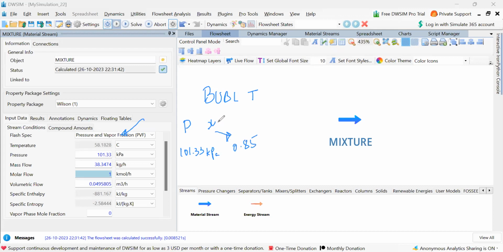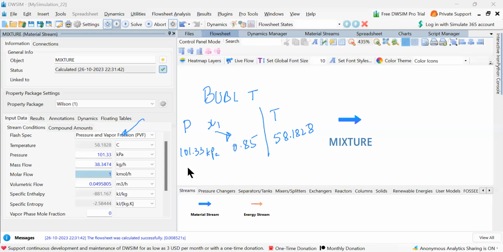Instead, I can even say this is X1. So what should I calculate? Temperature. So the temperature is 58.1828. This is the bubble point temperature.